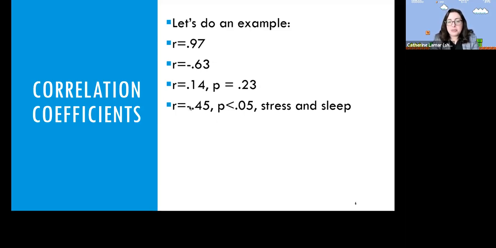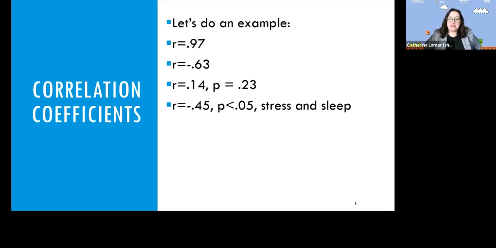Here we have R equals negative 0.45, and P, this is a less than sign, is 0.05. We also have 2 variables here, stress and sleep, okay? So now we're starting to bring more things into this again.